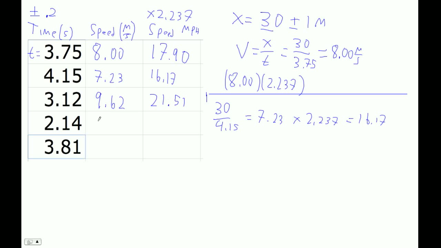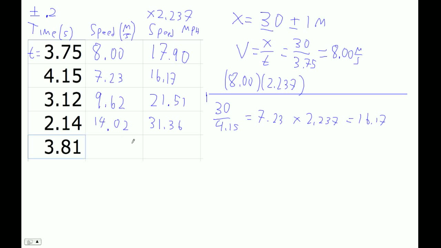Okay, let's do this guy. 30 divided by 2.14. I get 14.02 meters per second, and then times 2.237, 31.36. Clearly speeding. Clearly in violation of the speed limit.